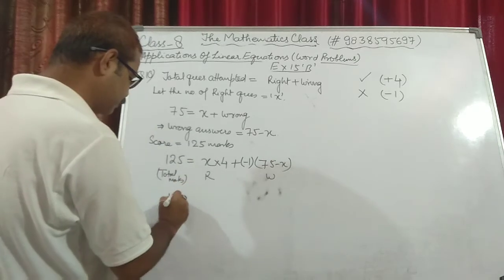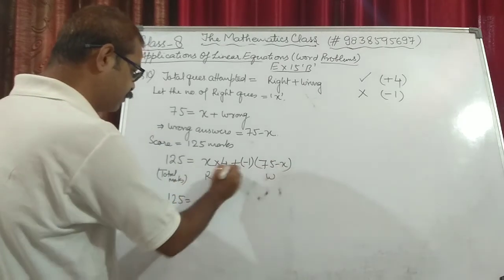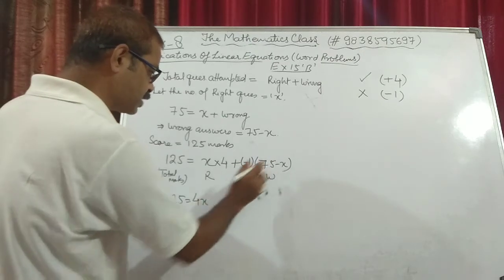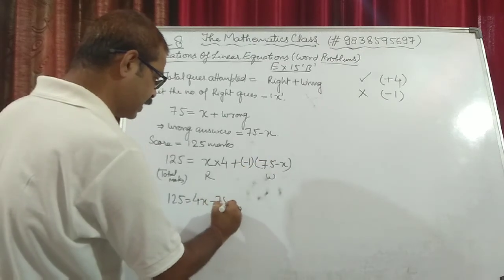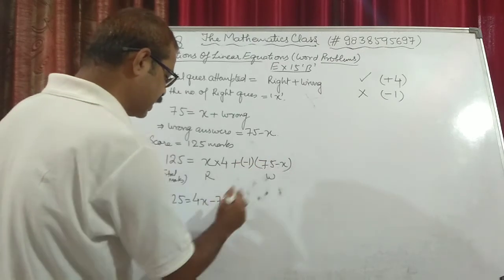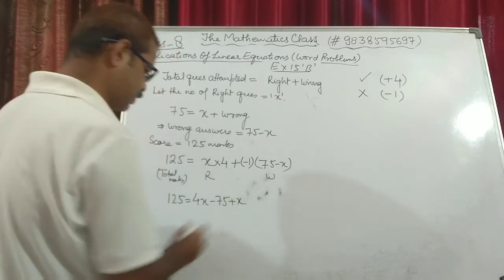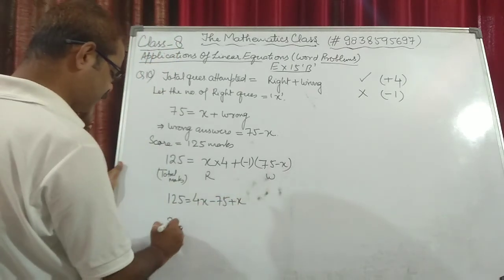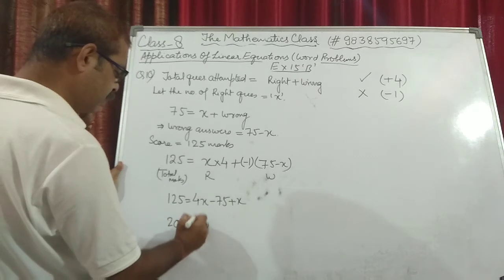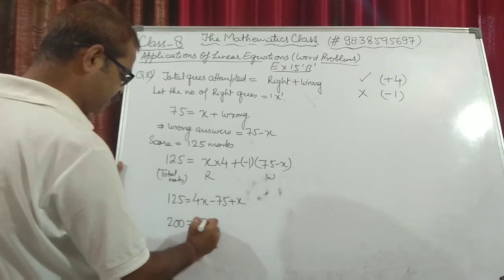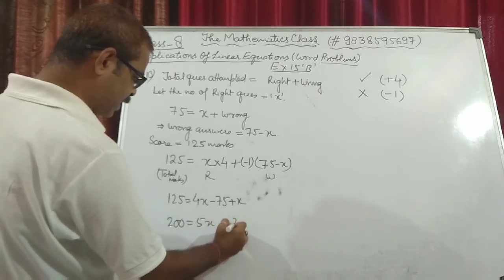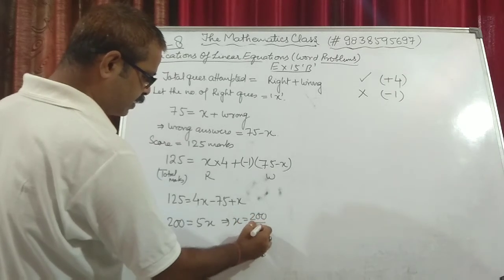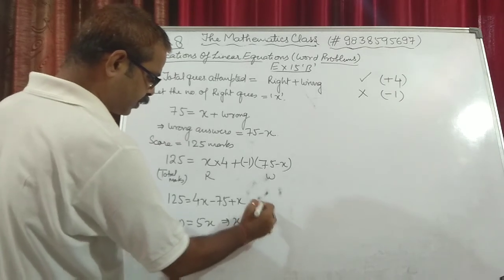Now we will solve it. 125 equals 4 into x is 4x, minus 1 into 75 is minus 75, minus 1 into minus x is plus x. 75 comes to this side, 75 and 125 is 200, is equal to 4x plus 1x is 5x, implies that x is equal to 200 upon 5, 5 4s are 20, 40.